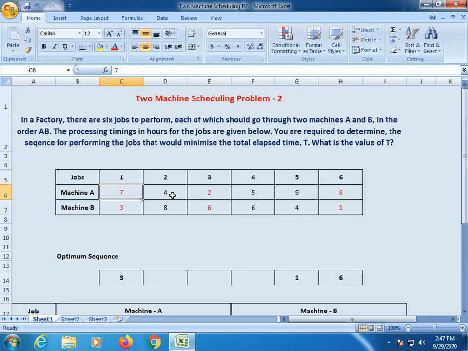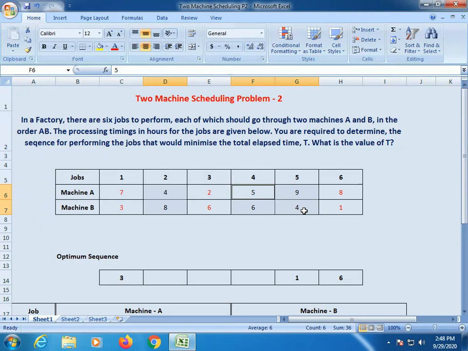Then we go for another shortest processing time. Here we have these 2 processing times and at the same time these 4 processing times we have. Among all these processing times that I selected, what is the shortest processing time here? Here we have 4 as the shortest processing time.